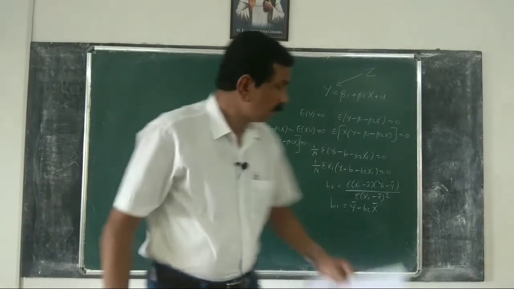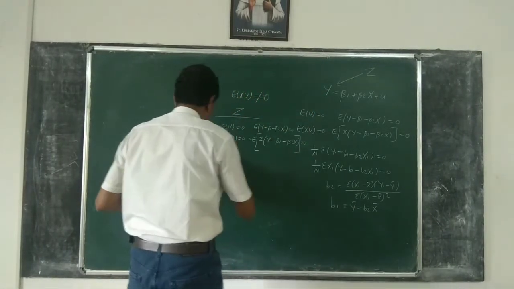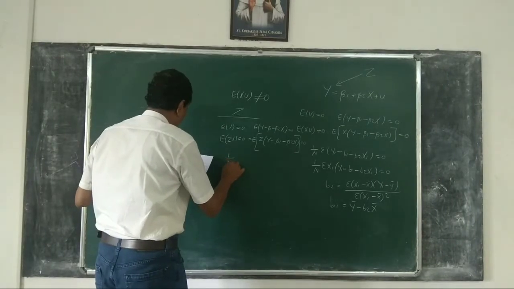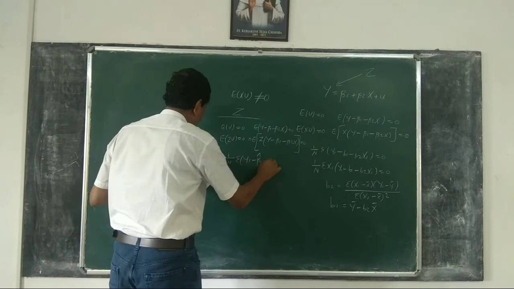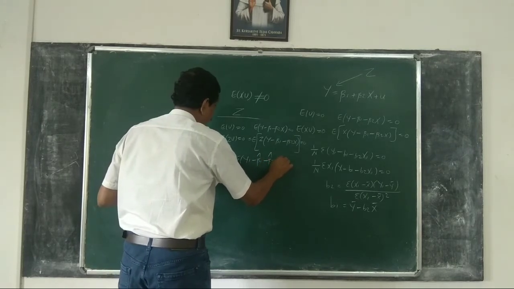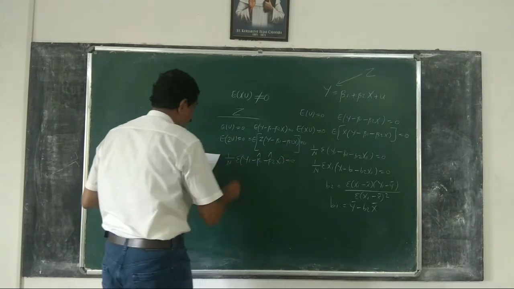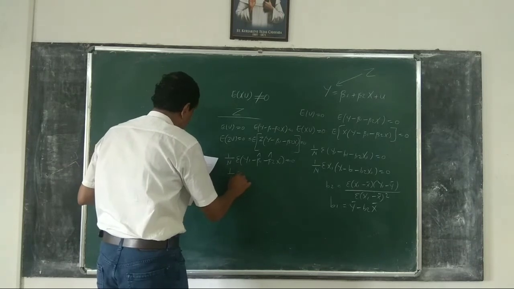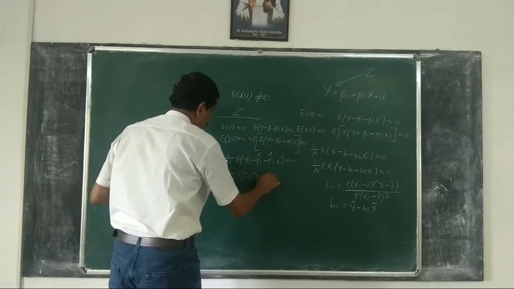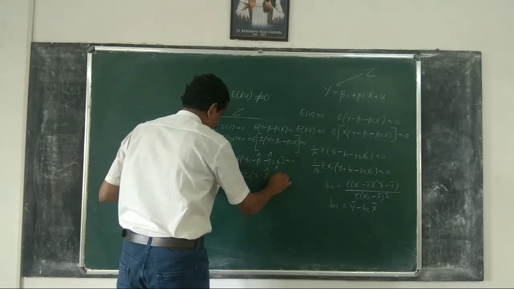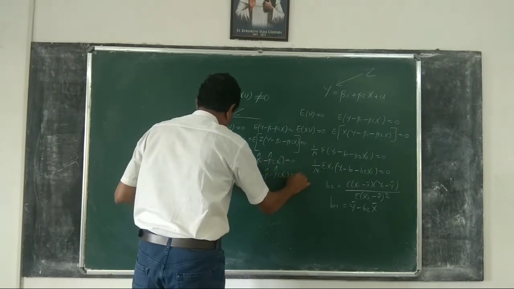So the sample moment conditions are written as 1 by n into sigma (yi minus beta 1 hat minus beta 2 hat xi) equal to 0, and 1 by n into sigma zi into (yi minus beta 1 hat minus beta 2 hat xi) is equal to 0.